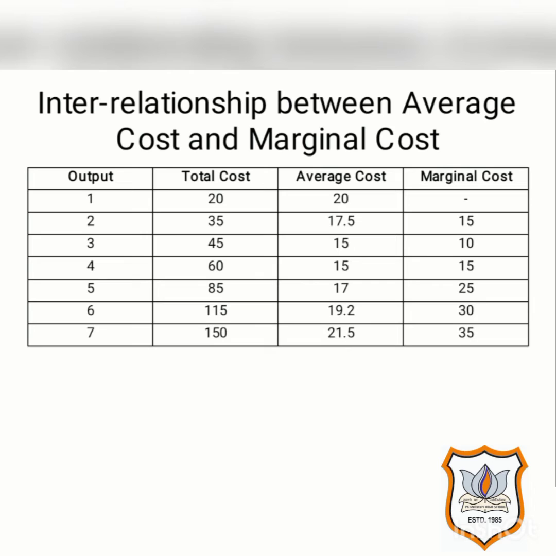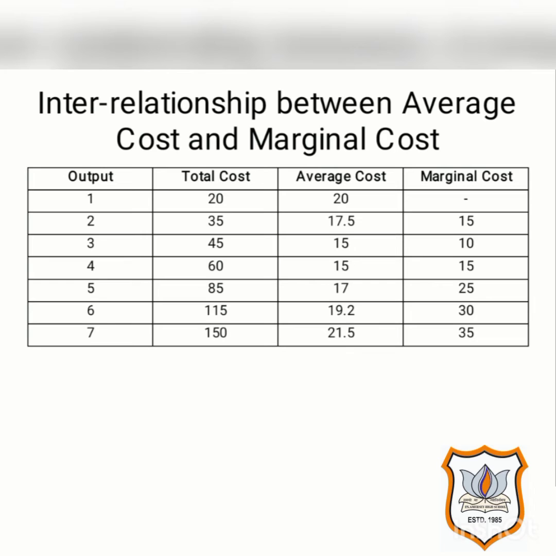We have already studied how to find average cost and how to find marginal cost. On this basis itself, majorly three types of relationship between average cost and marginal cost can be derived.